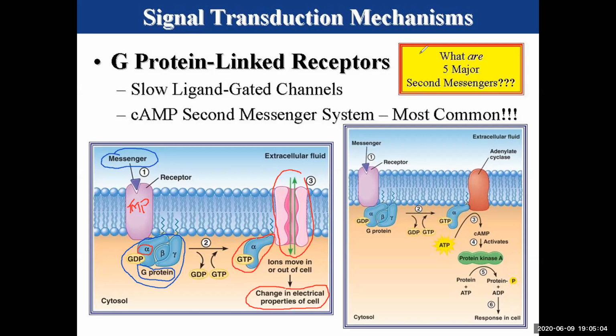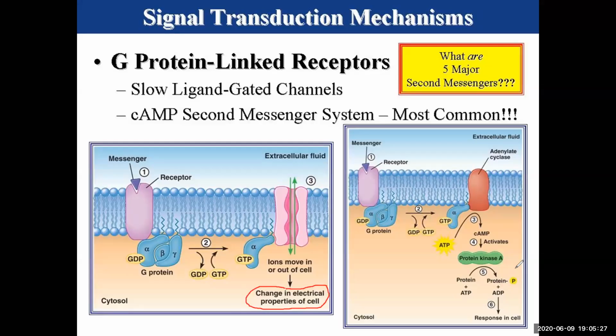A second mechanism is through the same concept, G protein coupled receptor. Moving on to this panel here. This is one of the major signaling cascades in a lot of species.